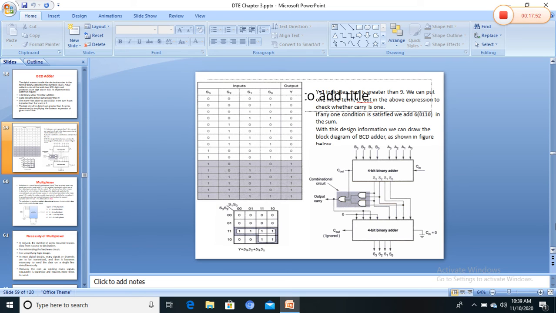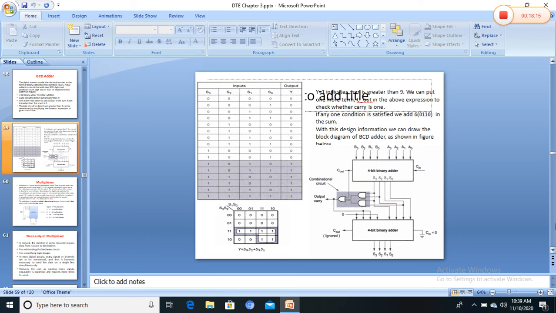For 0 to 9, y is equal to 0, and after 9, the sum is greater than 9, which is invalid BCD. So for the y output we consider the output as 1, and from this truth table we design the equation y equals S3 S2 plus S3 S1.